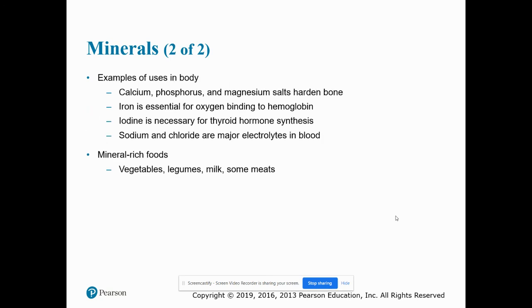Some examples of uses in the body: calcium, phosphorus, and magnesium salts harden bone. Iron is essential for oxygen binding to hemoglobin. That goes back to chapter 17 again. Iodine is necessary for thyroid hormone synthesis. That goes back to chapter 16. Sodium and chloride are major electrolytes in the blood. Mineral-rich foods include vegetables, legumes, milk, and some meats.